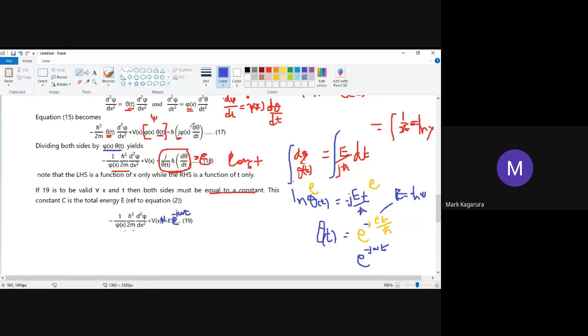This other side here had also epsilon x, and then that became 1 over epsilon.